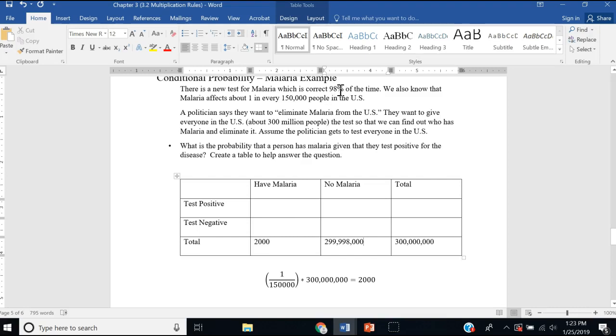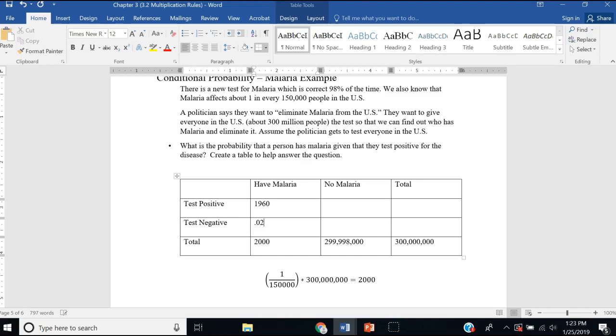Now, when we go up vertically, this is where that 98% of the time comes in. 98% of the time I get it right. So if you think about it, 98% of these 2,000 people should test positive, because if they have malaria, the test getting it right would say that the person has malaria. That means 1,960 people will test positive.